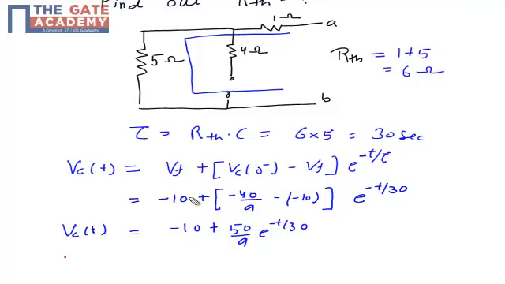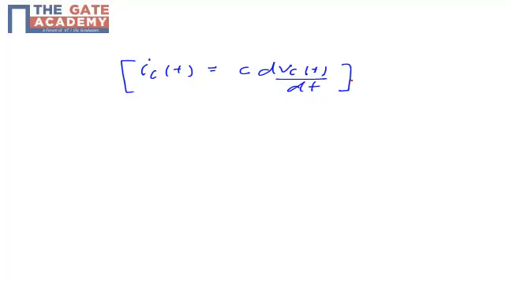But we need to find the current through the capacitor, which is IC(t). From the capacitor equation, we know that the current through the capacitor is related to its voltage as IC(t) equal to C dVC(t) by dt. The current through the capacitor is nothing but the differentiation of the voltage across the capacitor.